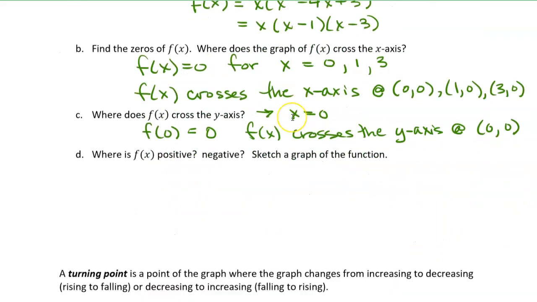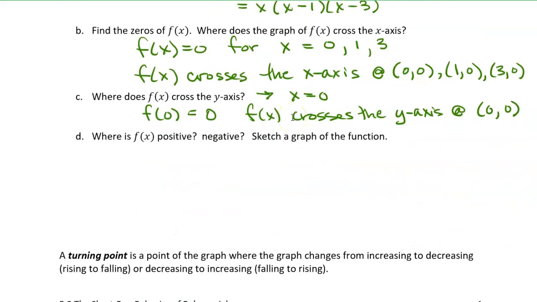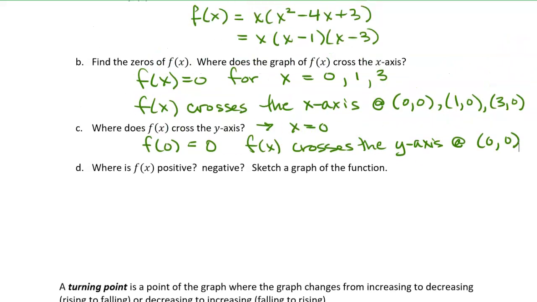All right, now we get into the nitty-gritty here. We want to know where f of x is positive and where it's negative. Now the way I like to do it is to look at each factor. We have 3 factors in this. Maybe I should scroll up just a hair so you can actually see the function.